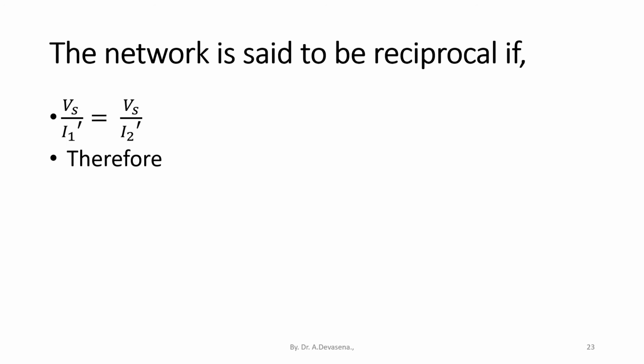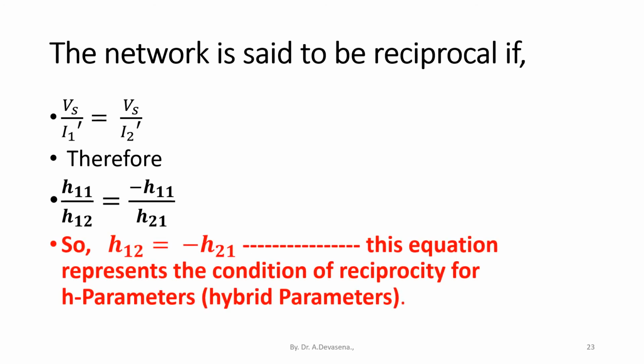We get H11 divided by H12 is equal to minus H11 divided by H21. That is, H12 is equal to minus H21. This equation represents the condition of reciprocity for H parameters or hybrid parameters.